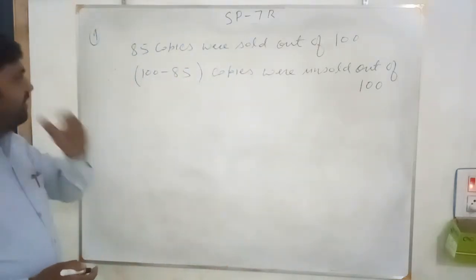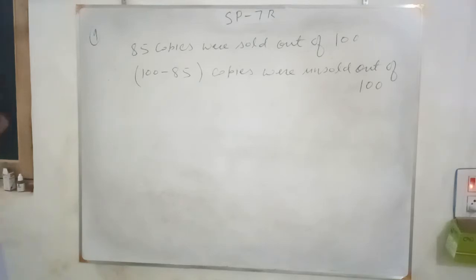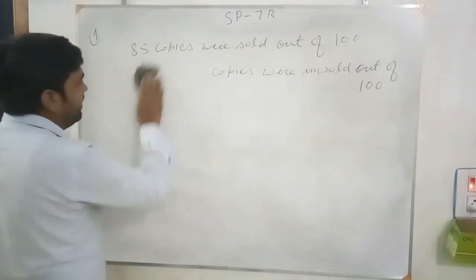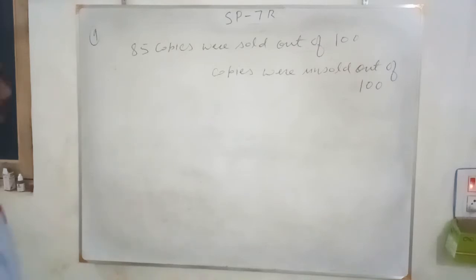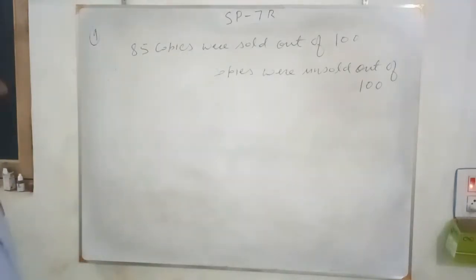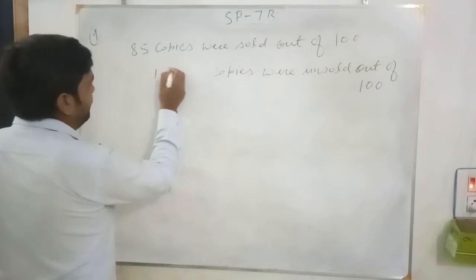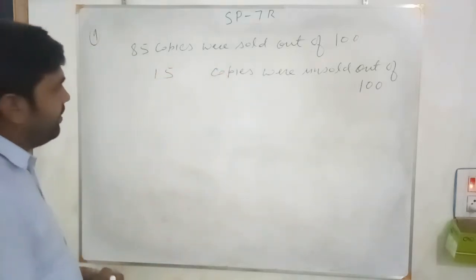So 100 minus 85 means 15 copies. Here we can write 15 copies. So out of 100 copies, 85 copies were sold, and 15 copies were unsold out of 100 copies.